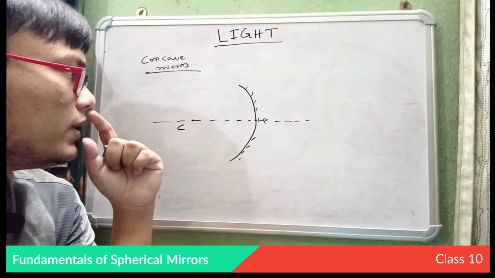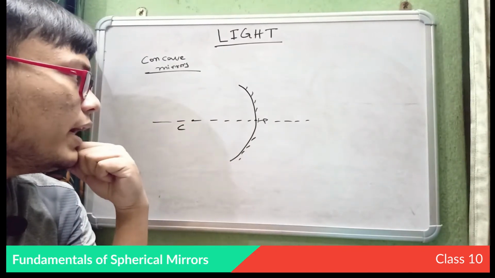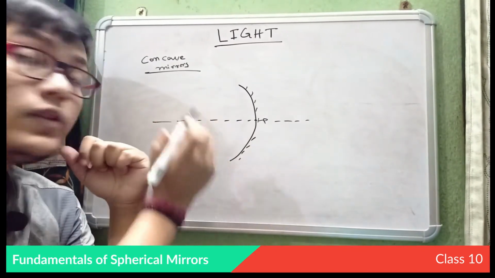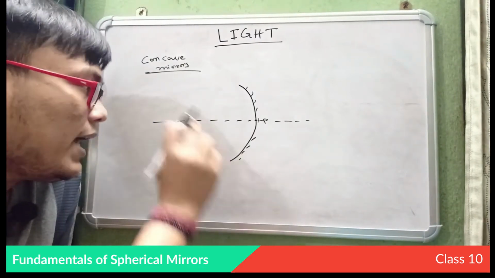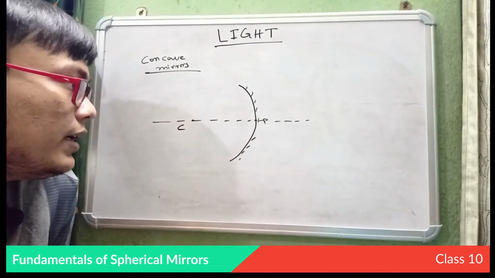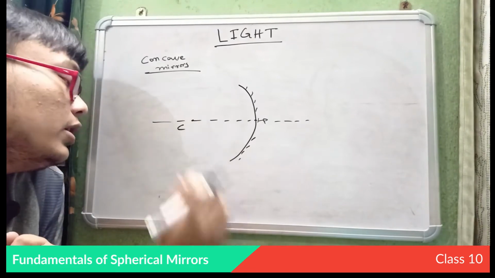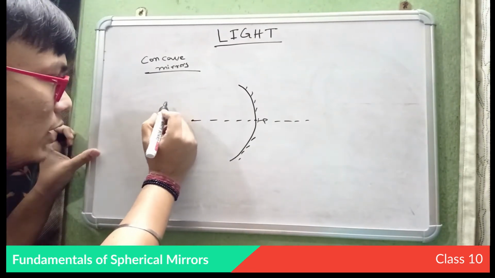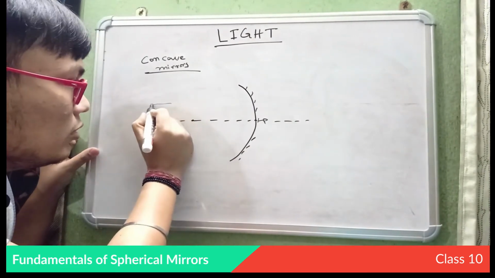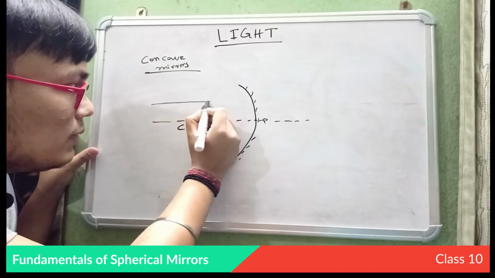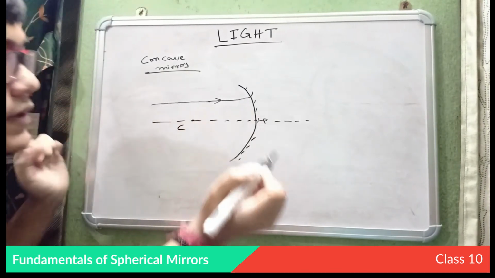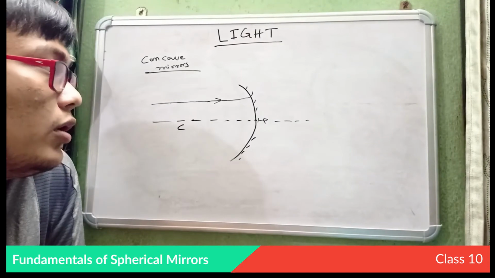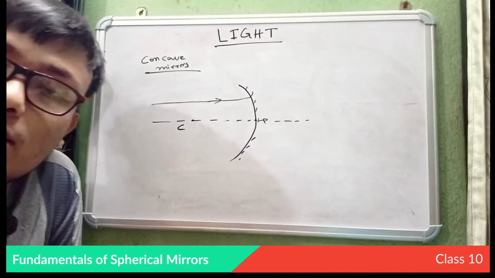Now if we consider that there is an incident ray which is parallel to the principal axis, the incident ray should be parallel to the principal axis. Okay, if it is incident on the concave mirror in such a way that it is parallel.